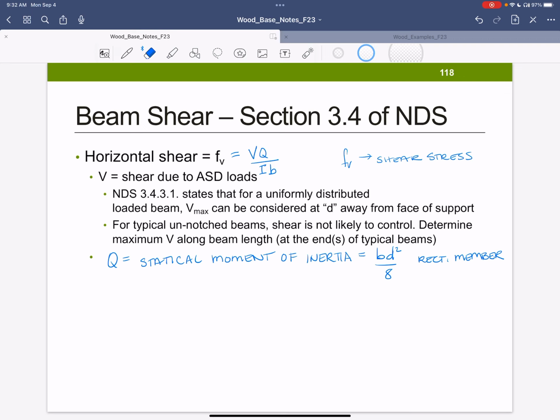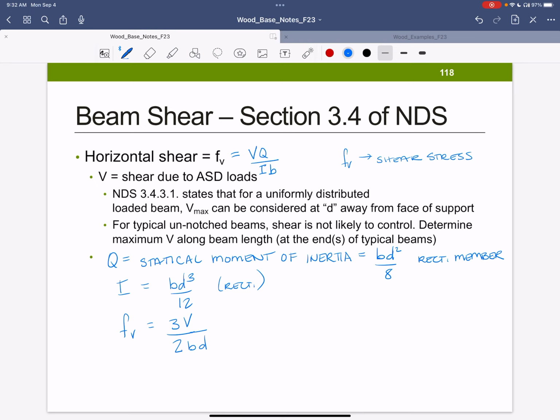And I is the same as we've been using. It's the same I, bd cubed over 12 for a rectangular cross section. And so our f sub v, or our shear stress, is going to be VQ over Ib.